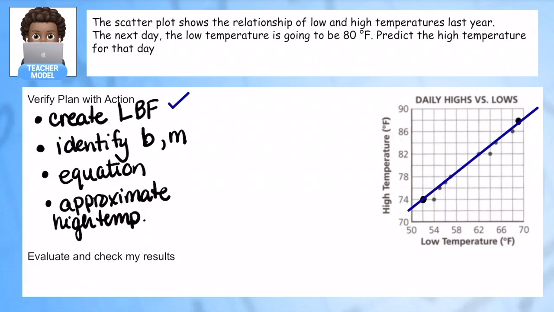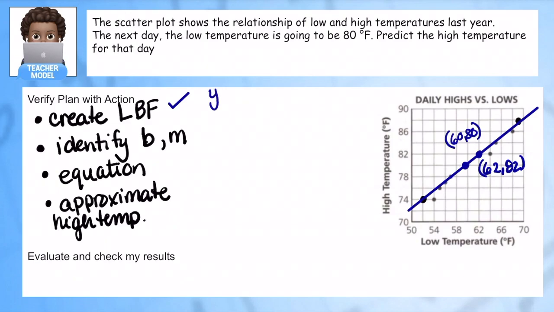So let's use 2 points. I'm going to use this point here, which is 62, 82. And I'm going to use, how about, because remember I can use any 2 points in the line, this point here, which is 60 and 80. Okay, so we're going to use those 2 points to find our m.